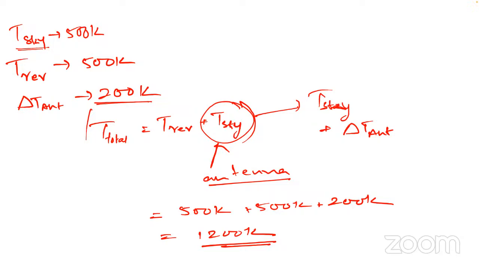Here it's mentioned an infrared sensor is aimed at the burner and the radiation at a frequency of 3.33 into 10 power 14 hertz emanating from the burner is determined to have an intensity of 1.446 into 10 power minus 24 ergs per second per hertz per centimeter square per steradian. Okay, wavelength is not given then.